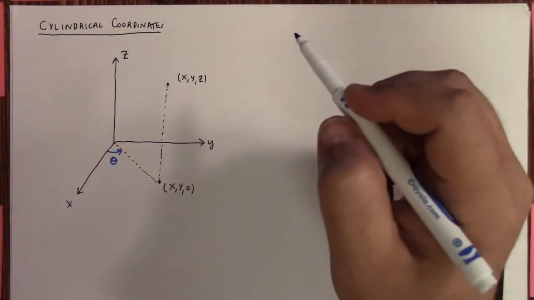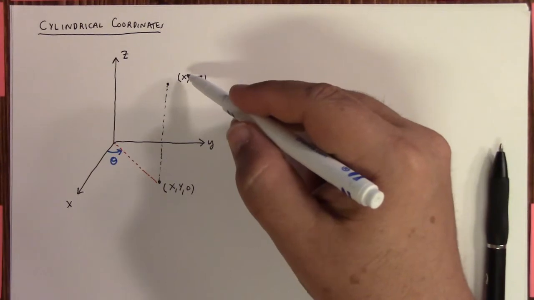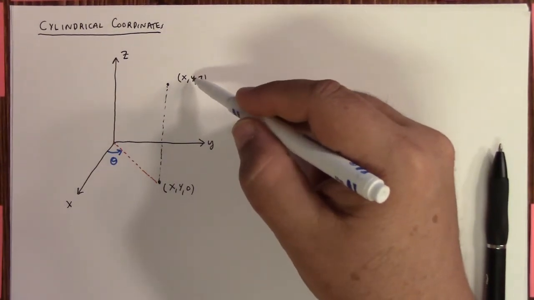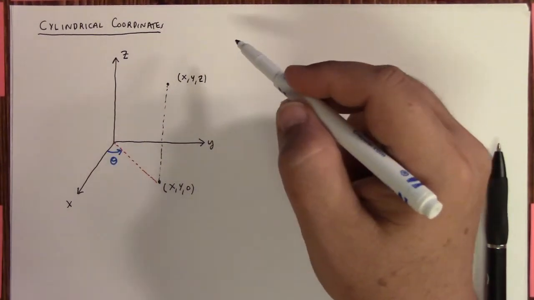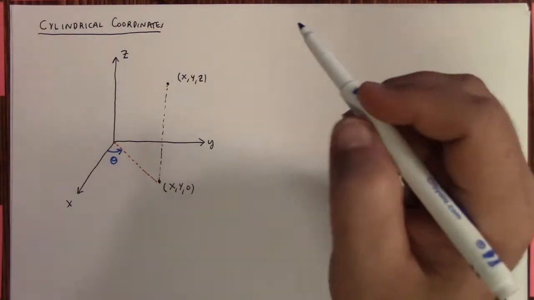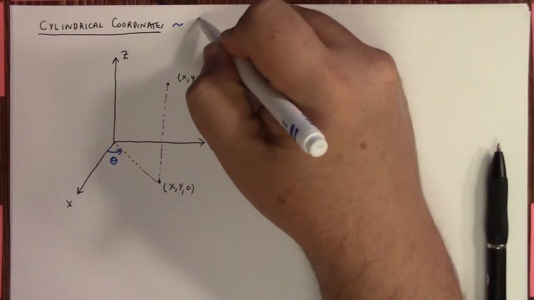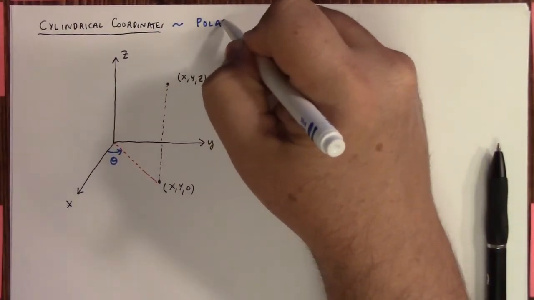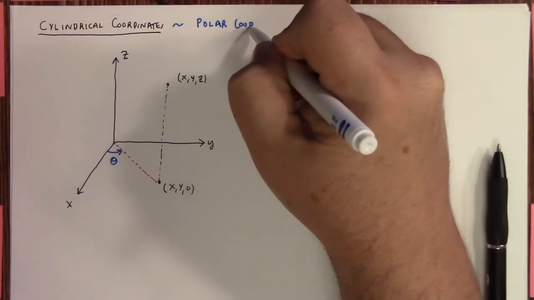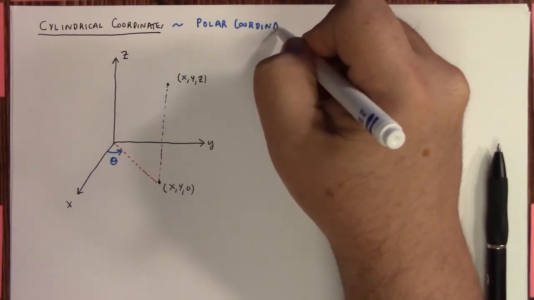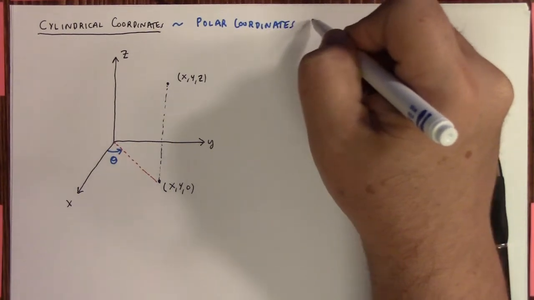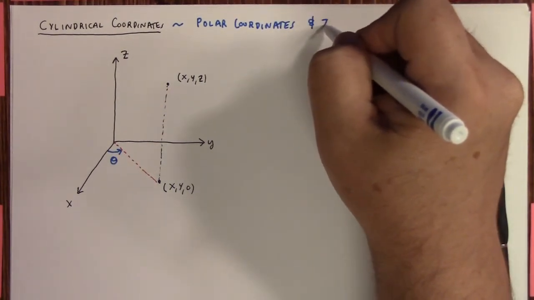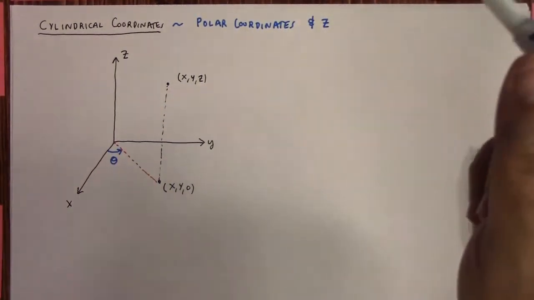So essentially, cylindrical coordinates say find polar coordinates for x and y and just use z. So cylindrical coordinates are essentially polar coordinates and z.